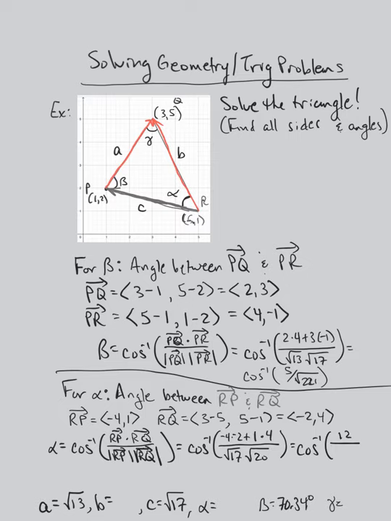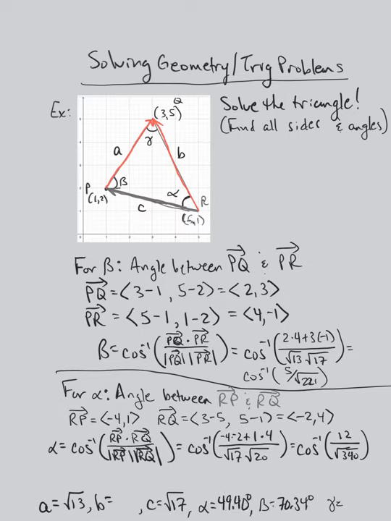Let me double check though so I don't mess this up. Yeah, then divided by the square root of 340. Okay, and so I can type that in, and I get the inverse cosine of 12 divided by the square root of 340. That gives me about 49.40 degrees, and that was alpha.